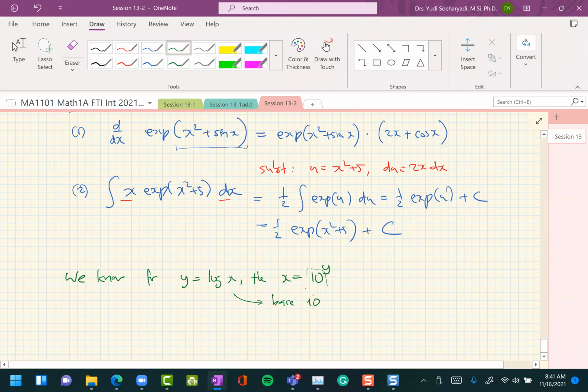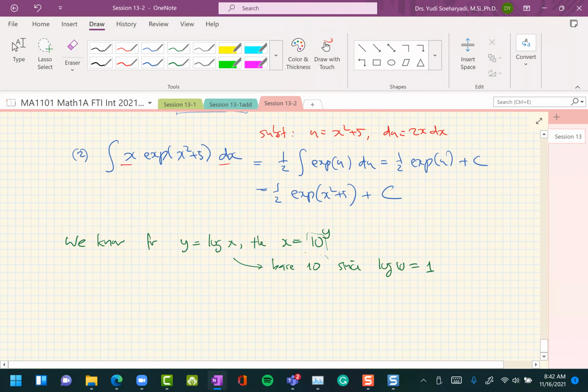We get the 10 because log base 10 of 10 is 1.